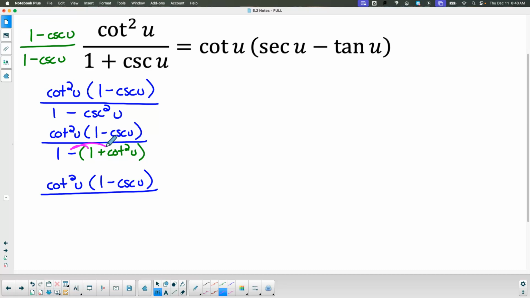So it becomes negative cotangent squared. 1 minus 1 minus cotangent squared is just negative cotangent squared.